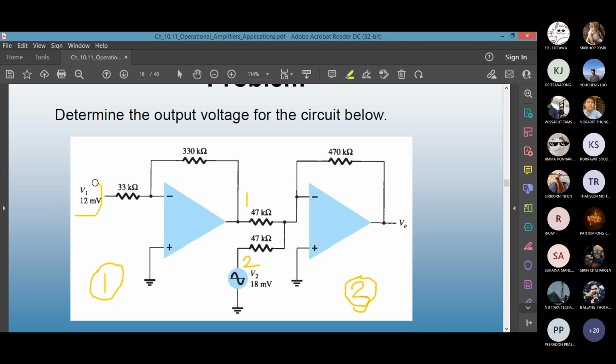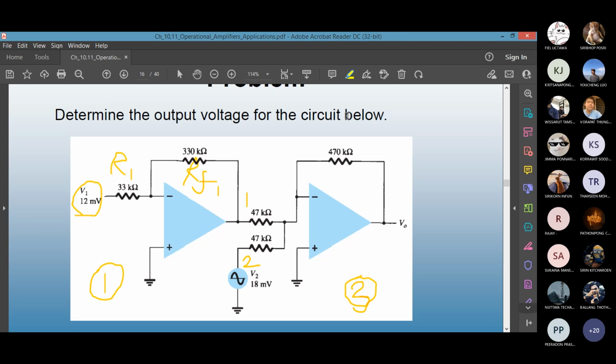Input is 12 millivolt. Feedback resistor 330 kilo ohm for stage 1. This one is the input resistor. What's the ratio of RF and R1?